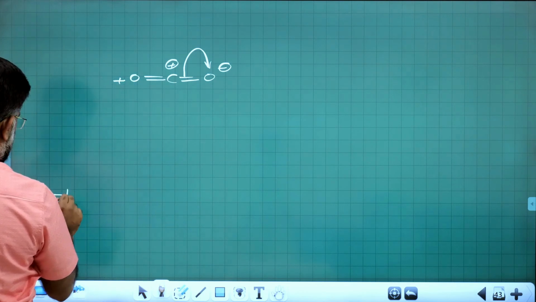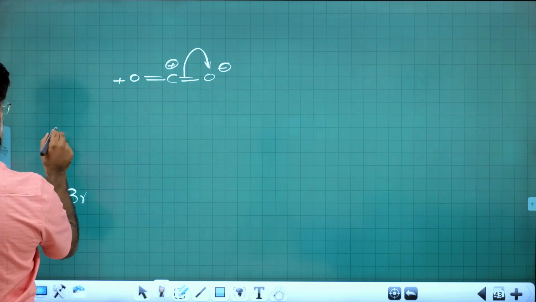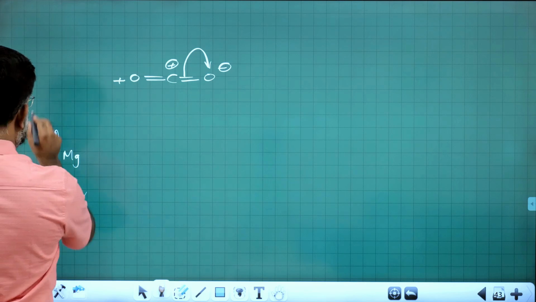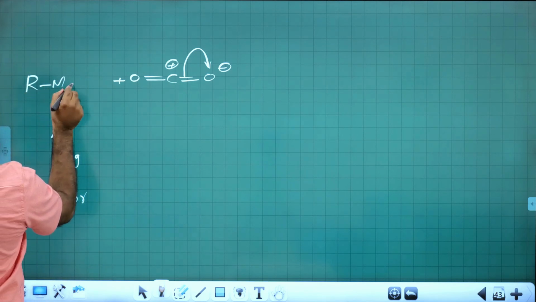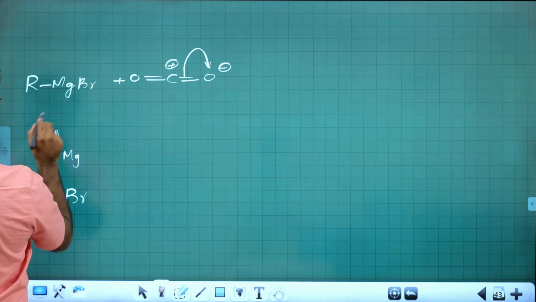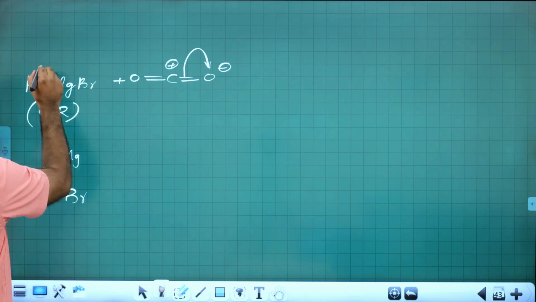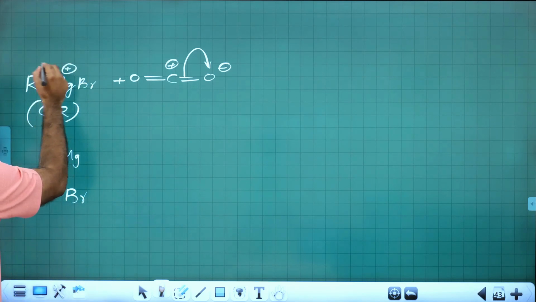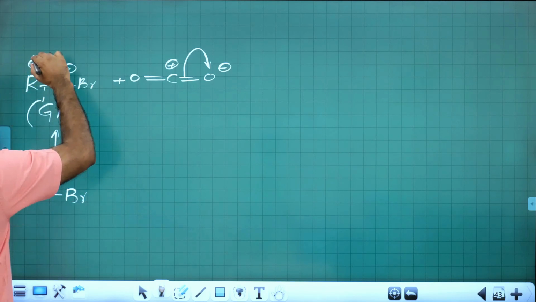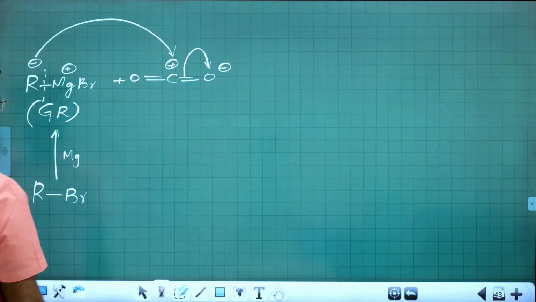So I am taking an alkyl halide treated with magnesium in dry ether. You are getting RMgBr, a Grignard reagent, which will break, all of you know, as Mg plus and R minus. This R minus will attack on C plus.